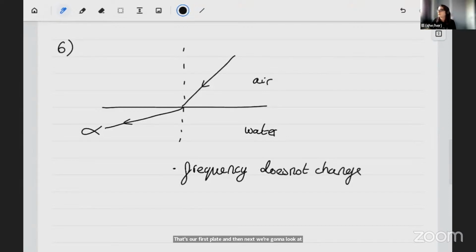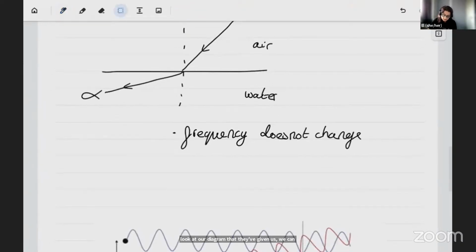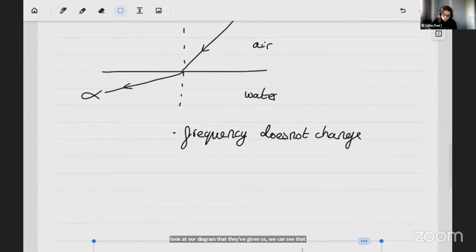And then next we're going to look at how the speed of sound changes. And there's two ways we can think about that. If we look at our diagram that they've given us, we can see that as we enter the water, the sound waves bend away from the normal. And bending away from the normal tells us that it's moving faster.